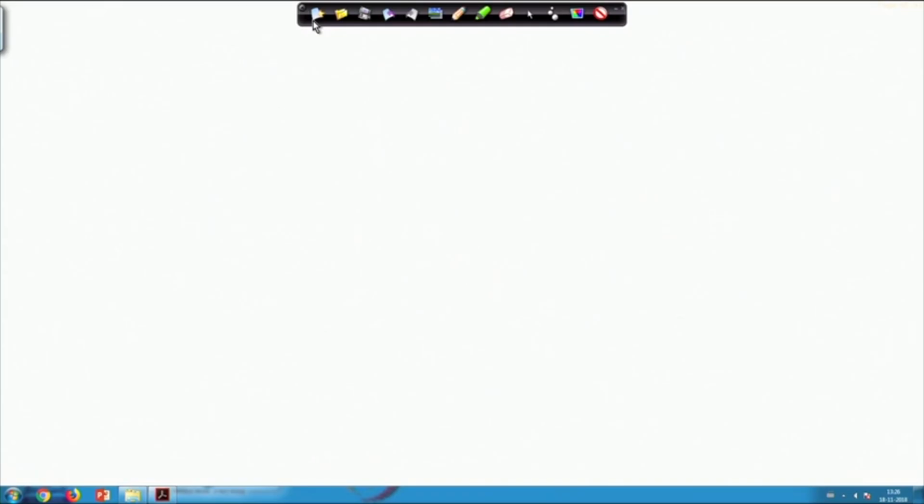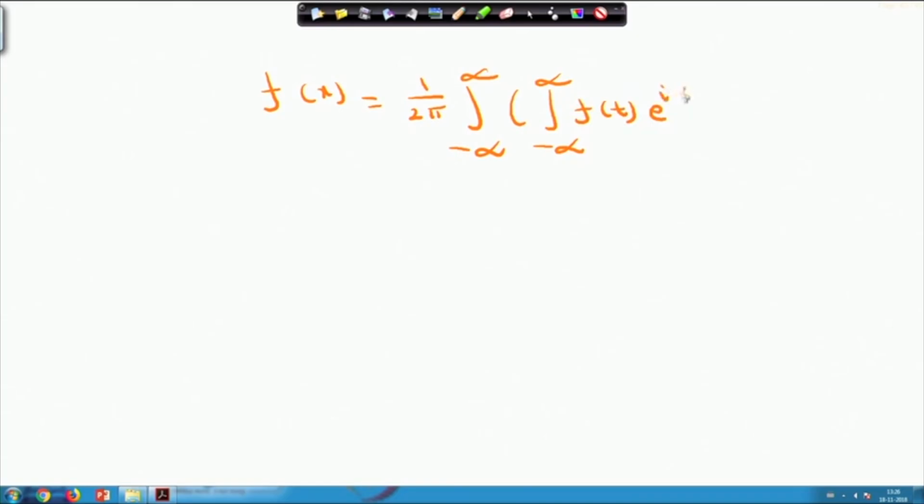That is, your f(x) can be written in this form: 1 by twice pi, minus infinity to infinity, again minus infinity to infinity, f(t) into e power I alpha into (x minus t) dt d alpha. This is equation 5.